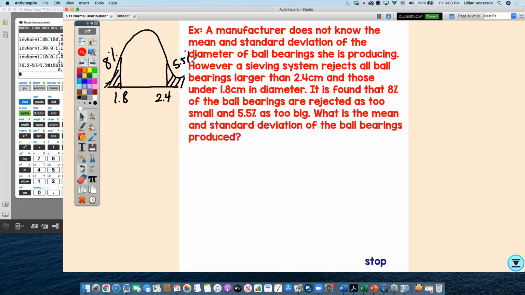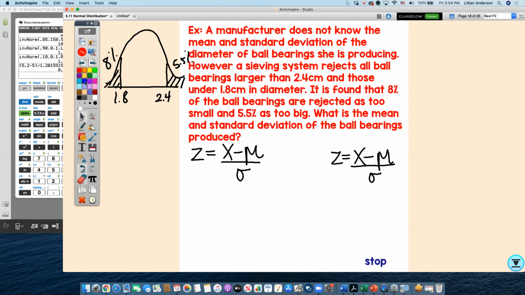Since I don't know either, but I do know 2 X values and 2 different probabilities, I'm going to create 2 Z-score equations. One that represents when X is 1.8, and then the other when X is 2.4.